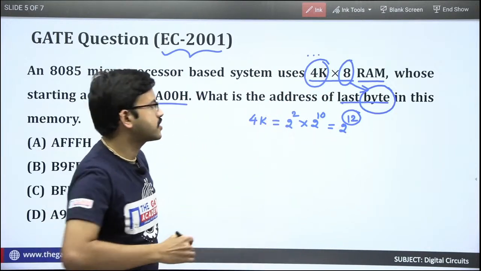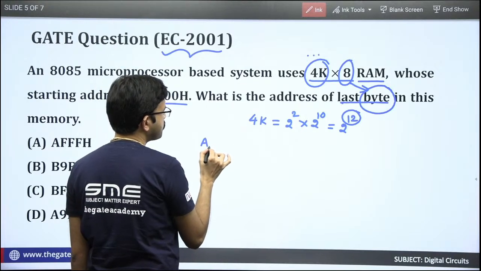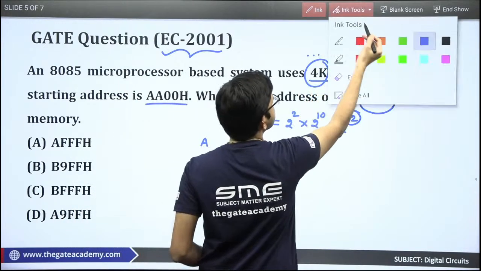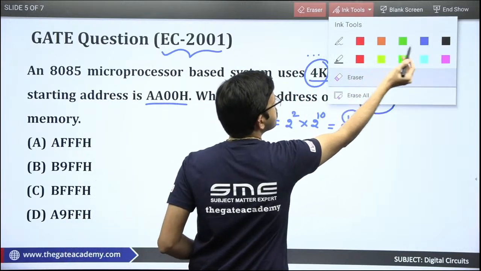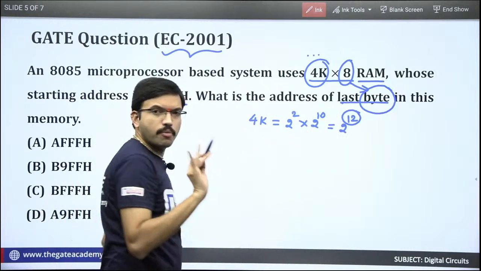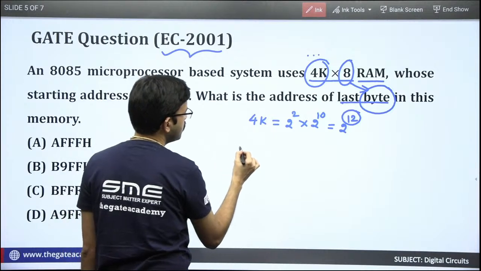So when we have 12 address lines, we will represent them as 12 bits. Just put the labeling like this, 12 bits.